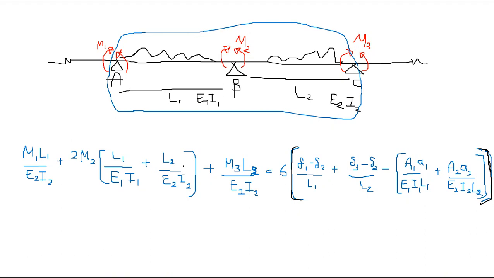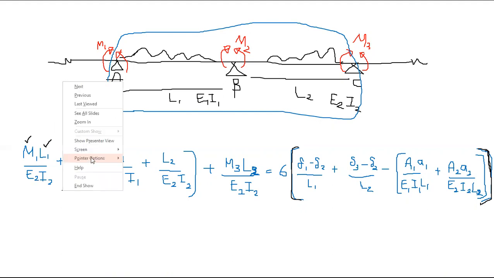Okay, so this is the three moments equation. So you know M1 is the support bending moment, right? I'll give you the sign convention later. M1 is the bending moment, L1 is the length of the beam that meets M1, right? And E1, this is E1, my mistake.